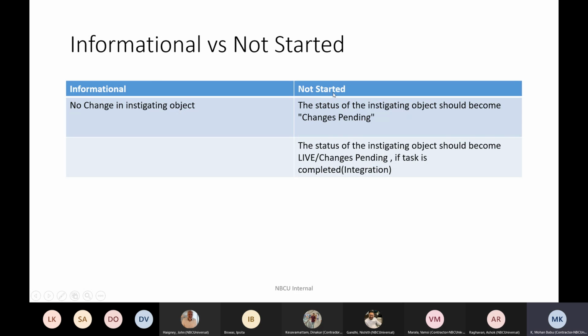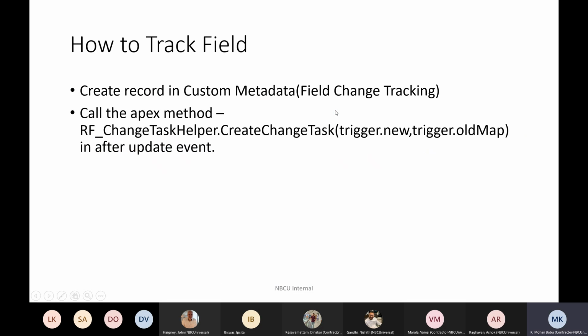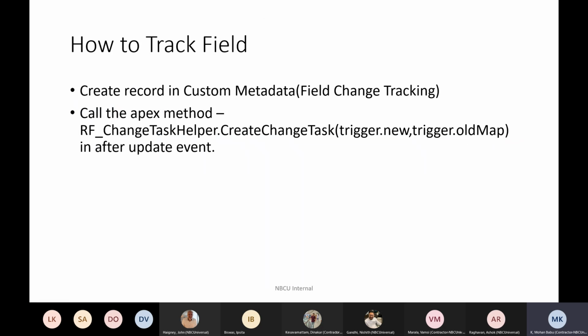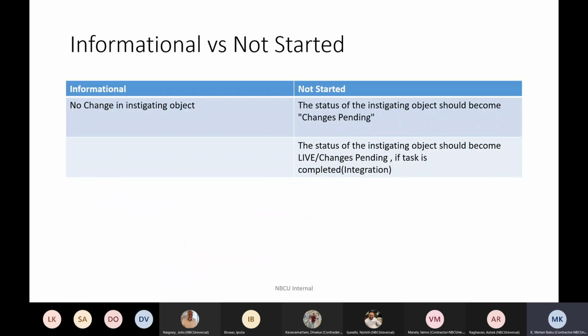But if it is a not started task, for example with the case type field, when I change the case type value in the material object, the status of the object record will get updated to changes pending.